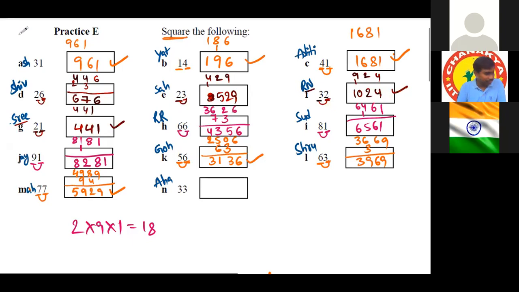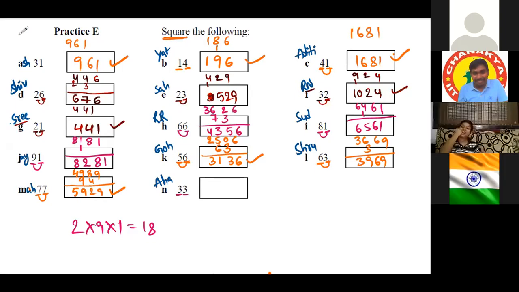Ahana Singh. Yes, sir. So 6 duplex is 36. And 3 duplex, right? Your number is 33. Oh, sorry, I did the wrong one. 3 duplex is 9.